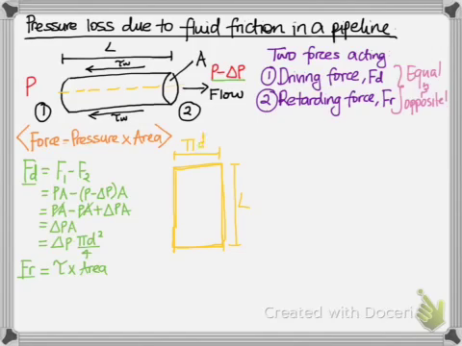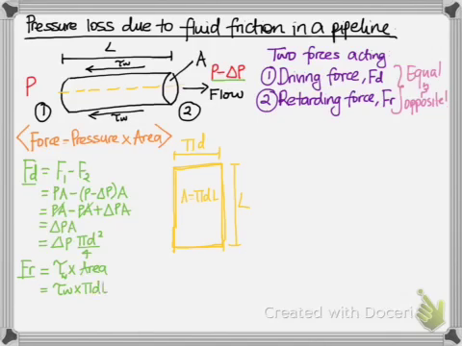So we can say that the area is equal to pi dL. Going back to our FR, that was tau w, we would have tau w times pi dL.